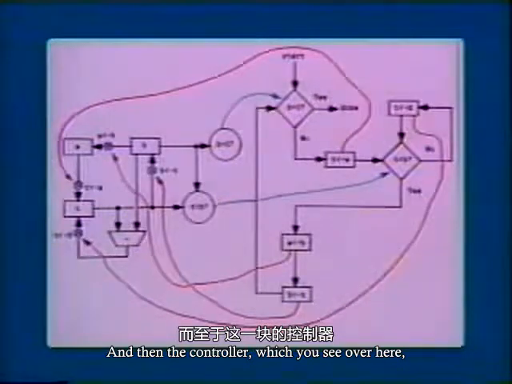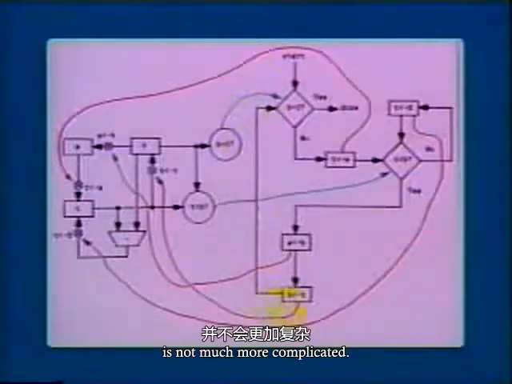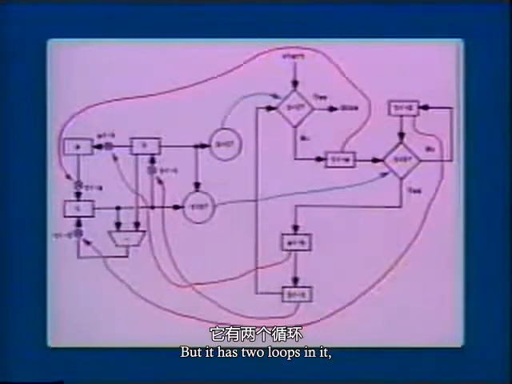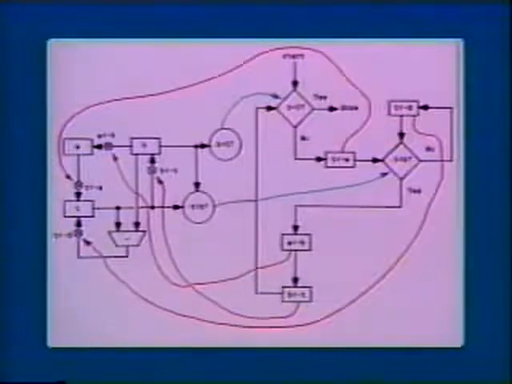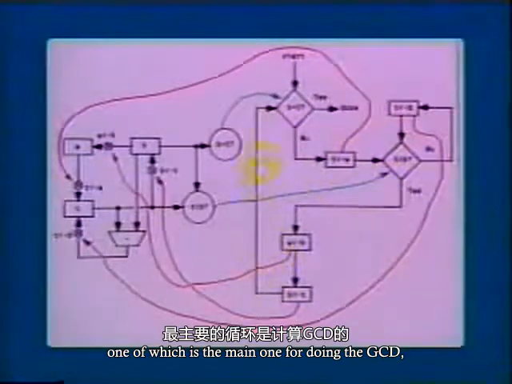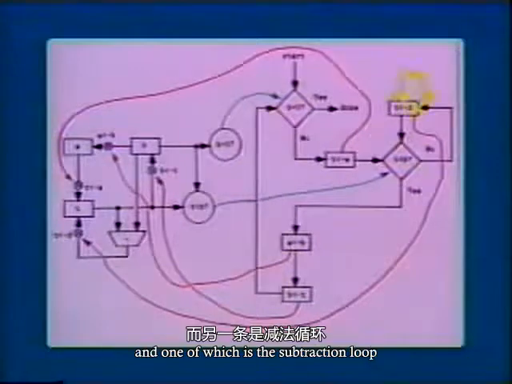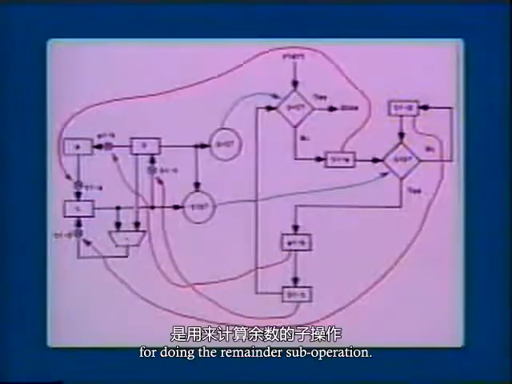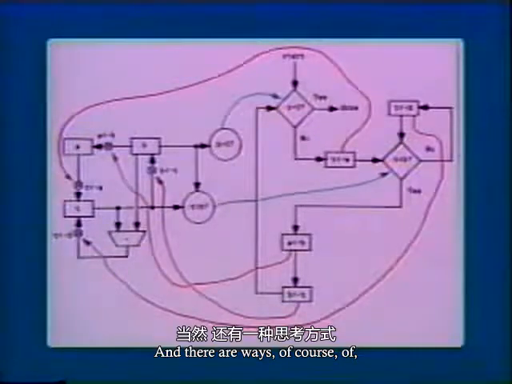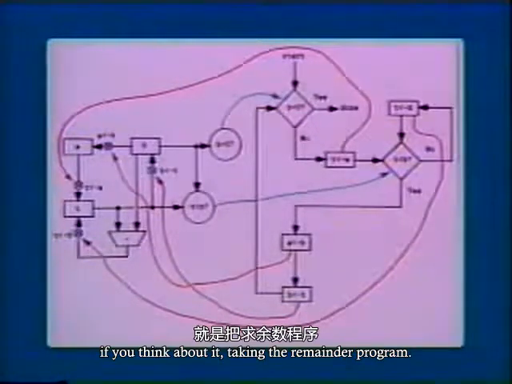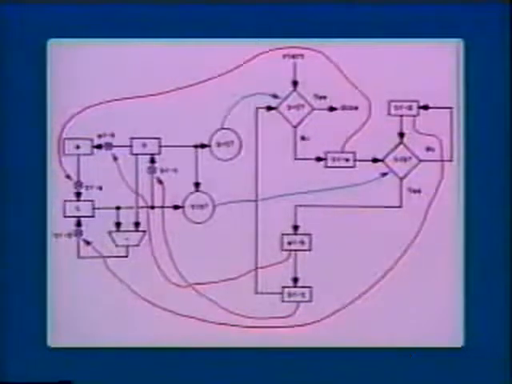And then the controller, which you see over here, is not much more complicated, but it has two loops in it, one of which is the main one for doing the GCD, and one of which is the subtraction loop for doing the remainder sub-operation. And there are ways, of course, if you think about it, of taking the remainder program.